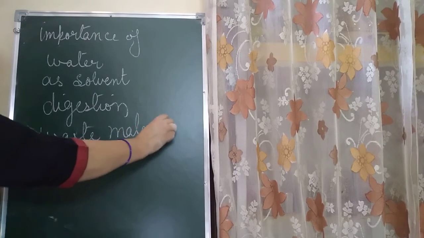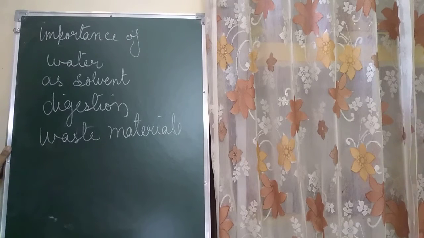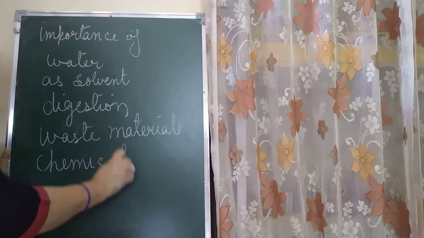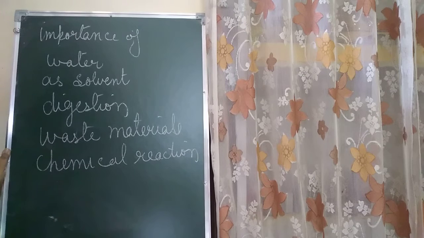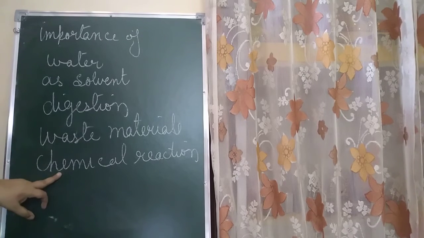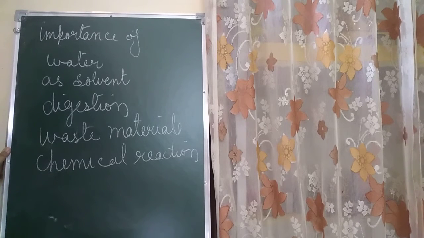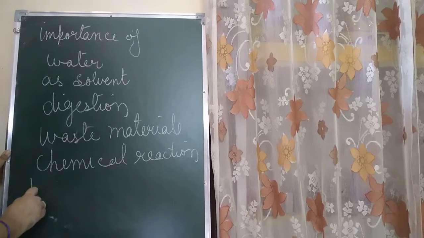Then, children, a number of chemical reactions occur inside our body. They all occur in the presence of water. And about the plants, plants can absorb nutrients from the soil only if they are soluble in water.